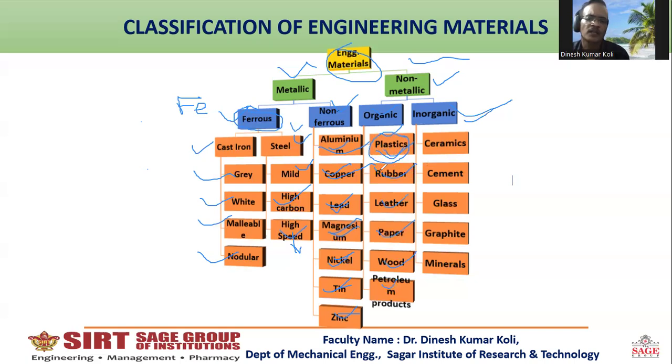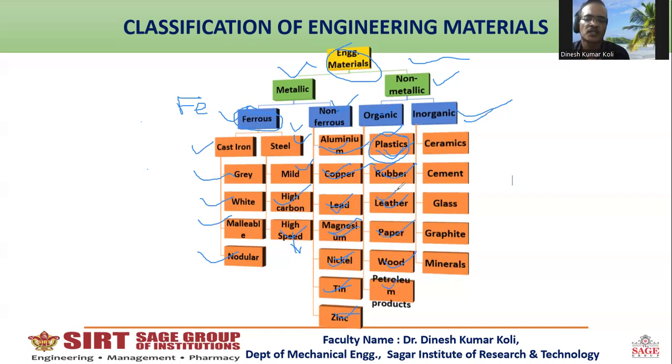Rubber is obtained from rubber trees. Rubber trees are a natural product, and rubber is obtained from them by taking latex, which is a milk type of material. Then some process is done to form the rubber.